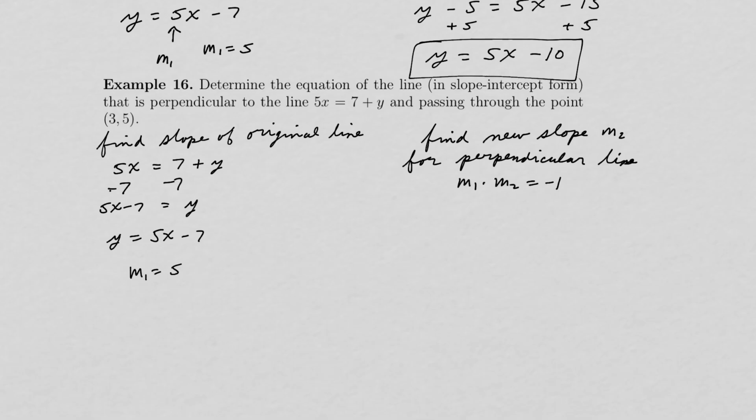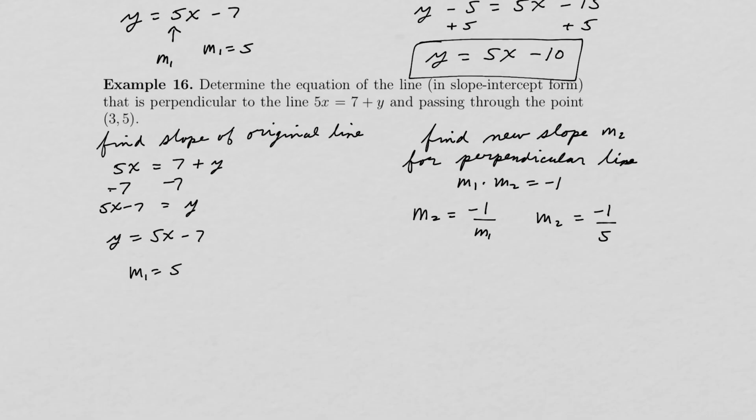Or another way of saying it is m2 is negative 1 over m1, right? It's the negative reciprocal of the first slope. So m2 here must be negative 1 over positive 5, which is negative 1/5.